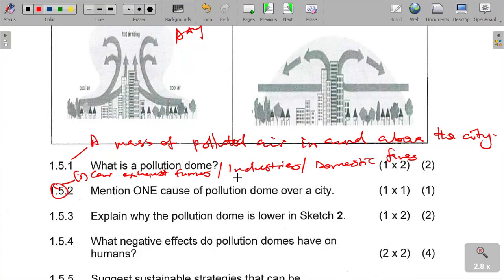We can also have things to do with burning of fossil fuels.